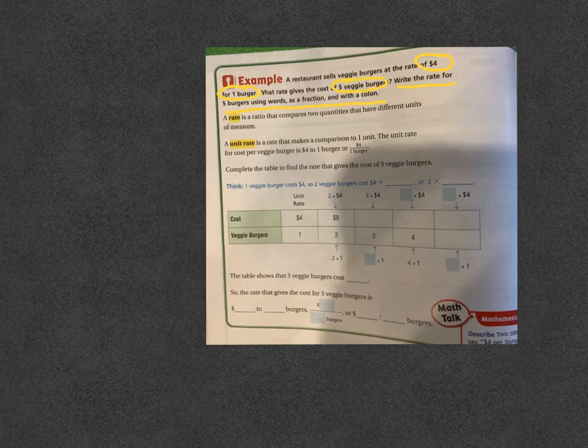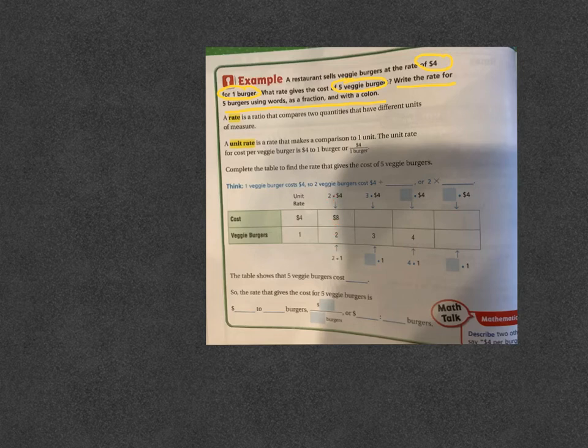Okay. So 1 veggie burger costs $4. That's the unit rate for one of those items. Unit rate, 1 unit. Okay. So if 1 veggie burger is $4, then 2 veggie burgers is $8, right? 2 times 4, 8. We multiplied the 2 items by the same number.